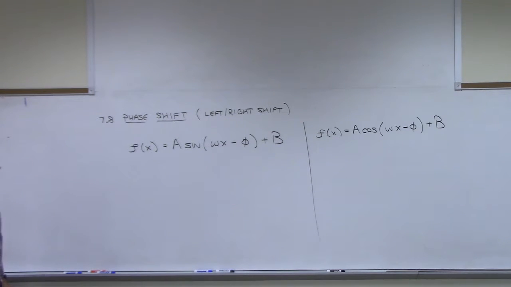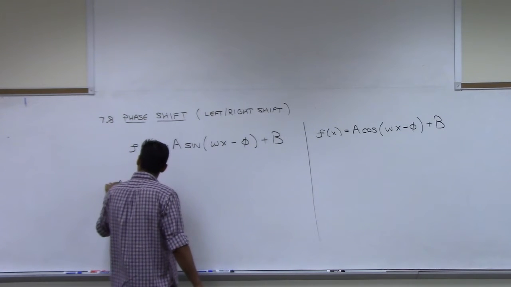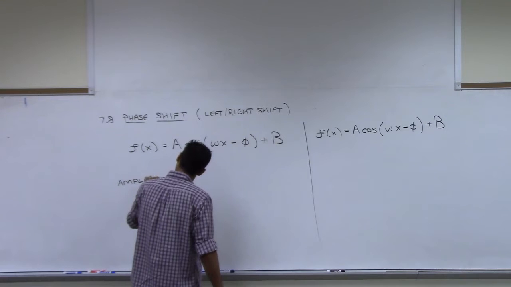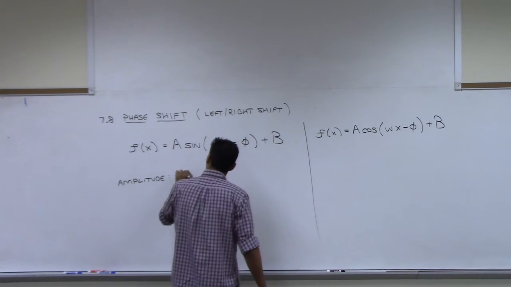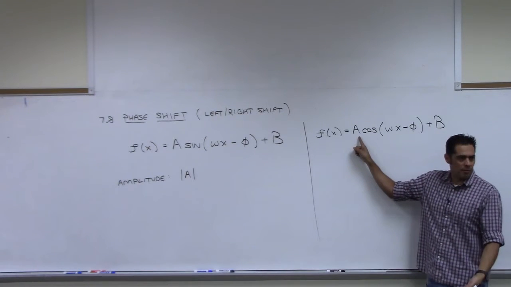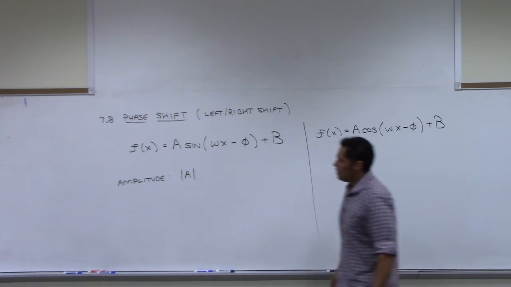All right, so for both of these, let's try and list out some things that we already know. Amplitude would be the absolute value of A. Whatever this number is in front, like if it's -3, that means the amplitude is 3. How about the period?